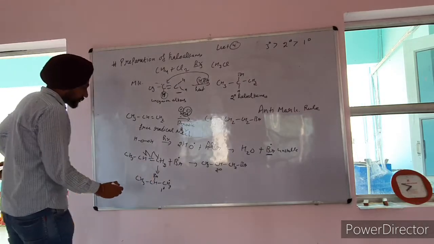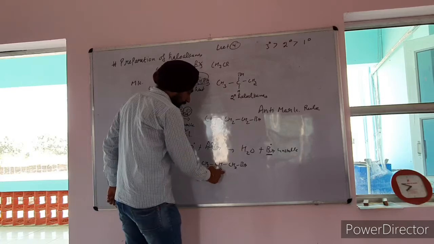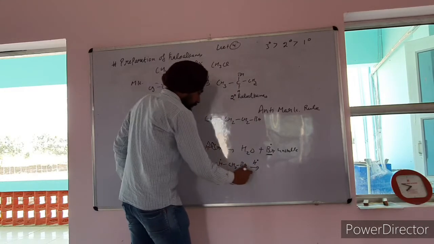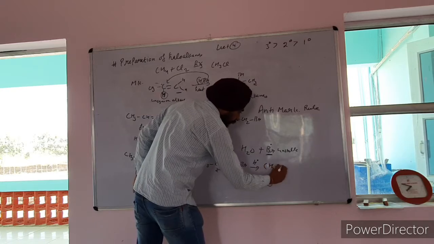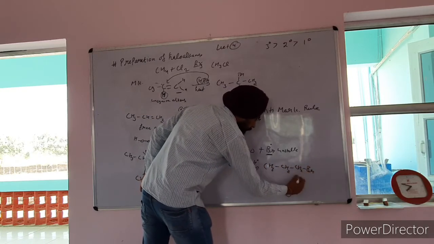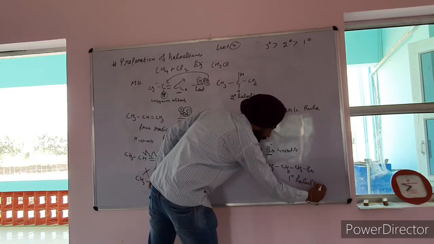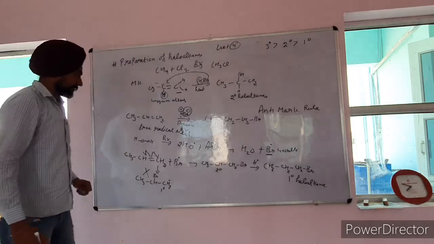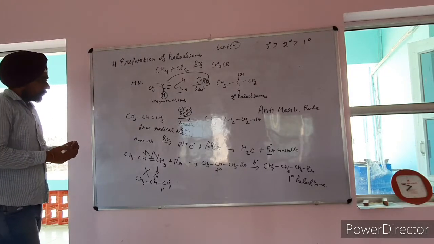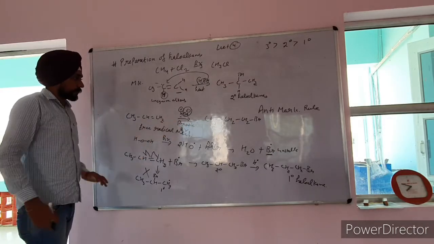That's why the reaction will not proceed this way, and the reaction will proceed through the other path, and then the H radical enters the molecule and forms the primary haloalkane. This is called the anti-Markovnikov rule, and the reaction follows the anti-Markovnikov rule in the presence of peroxide.